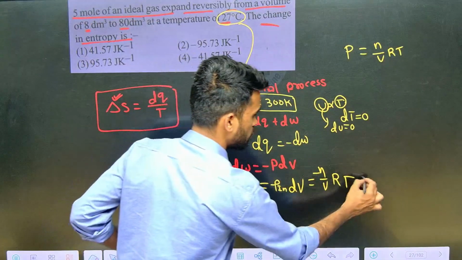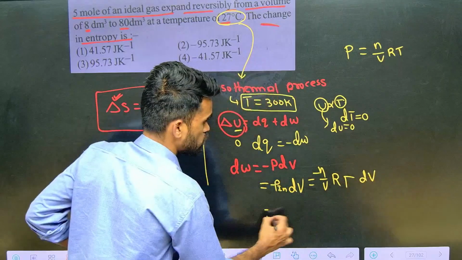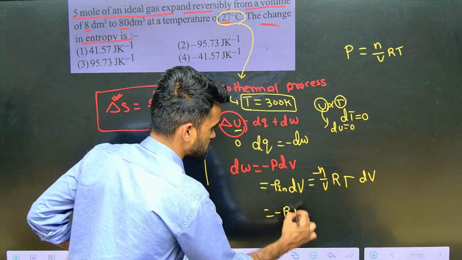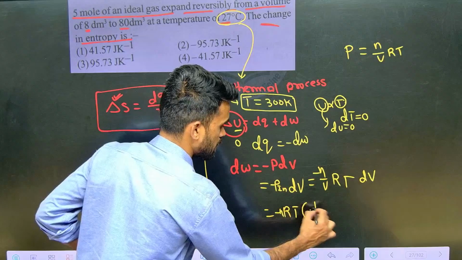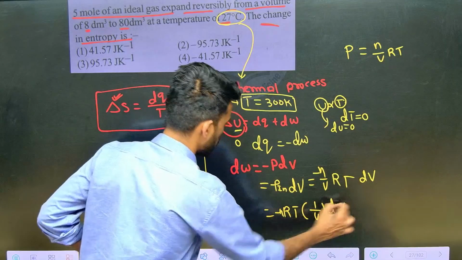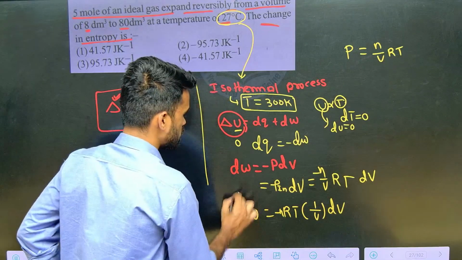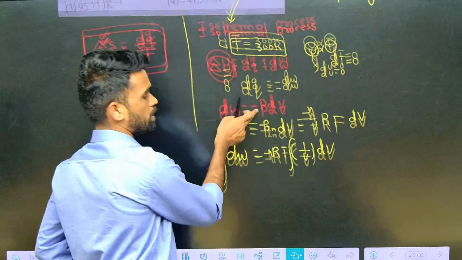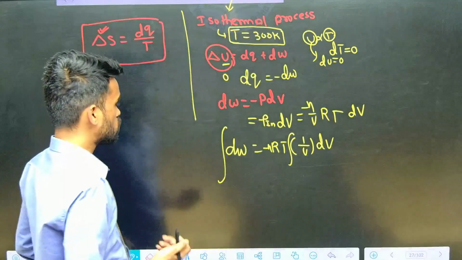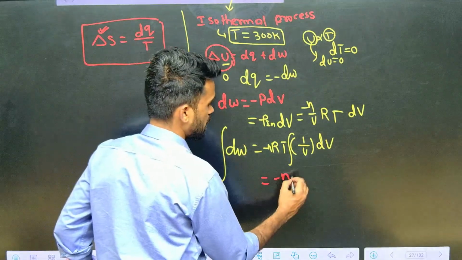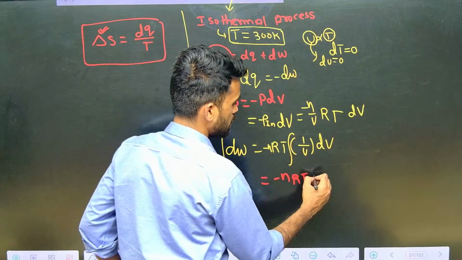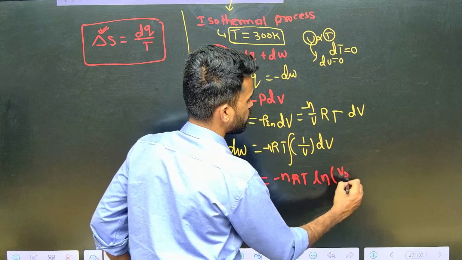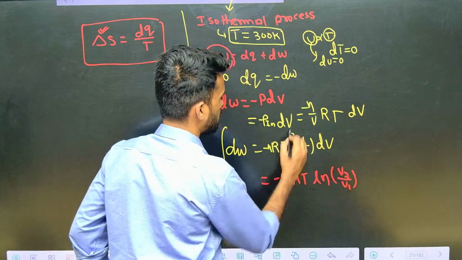I write the constant nRT aside, next 1 by V dV, and here we have dW. Now just integrate 1 by V dV, something like 1 by x dx, so that is ln x. So minus nRT ln V2 by V1, if I apply the lower and upper limits.